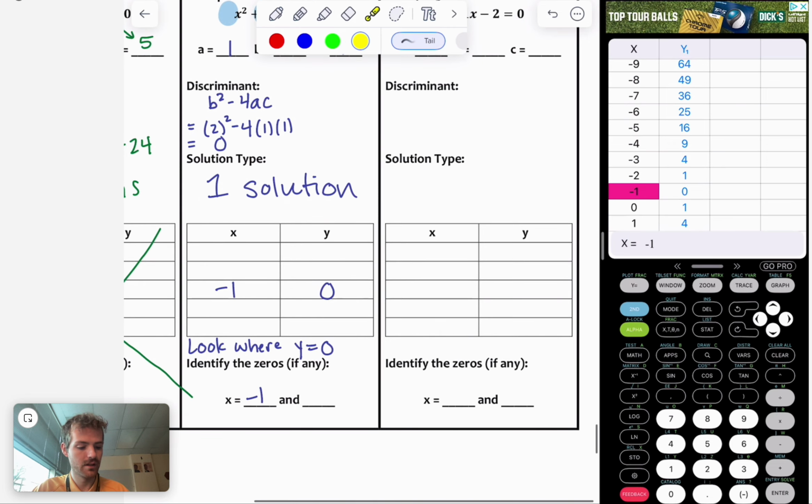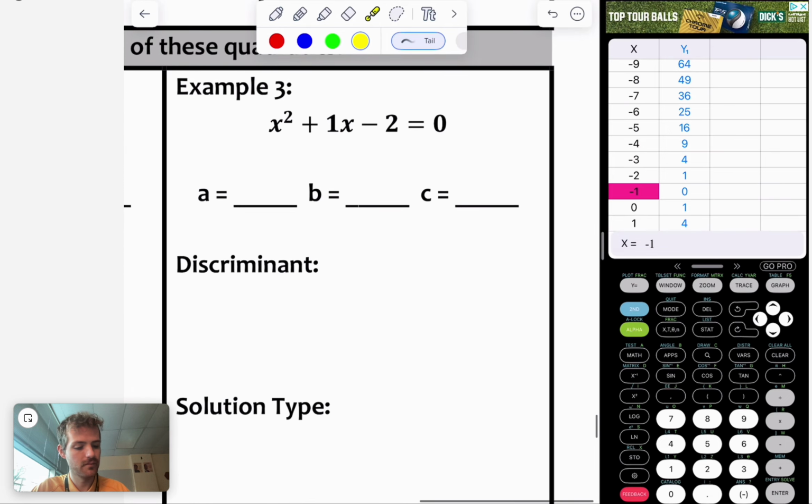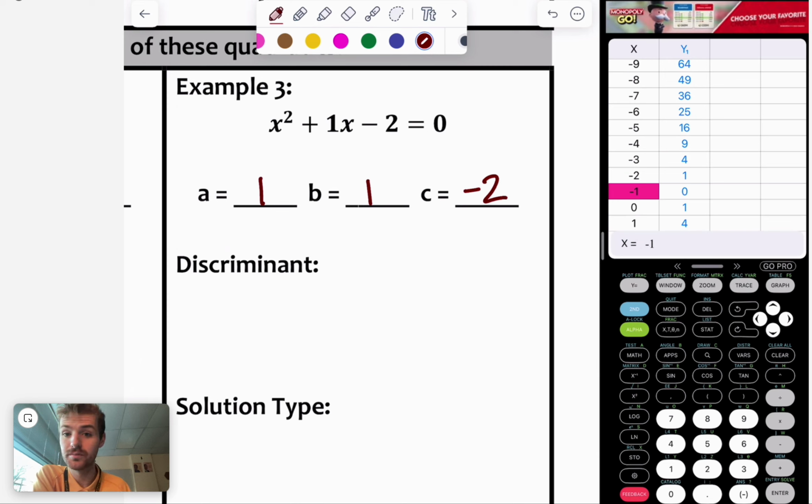Okay, let's look at this last example now. So pulling down our A, B, and C values, we would pull down A. Well, A is 1, B is 1, C is negative 2. Then we plug those values in.